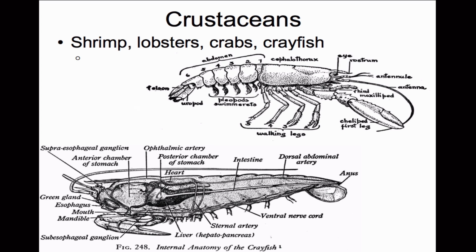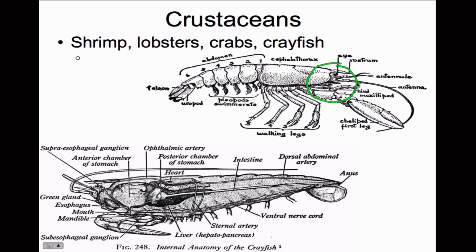We're going to look at crustaceans in a little bit more detail. Crayfish is an animal that is often dissected within a biology class. And so when we look at a crayfish, we're looking at internal and external anatomy. So this is the head region. And so we see an eye and a rostrum coming over the eye that protects it.